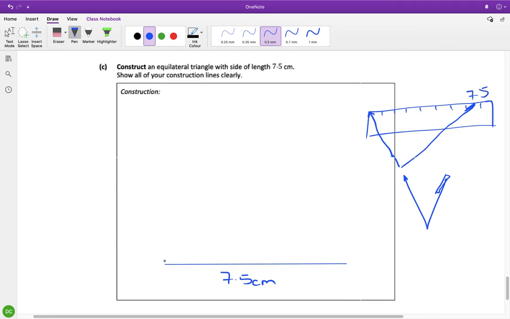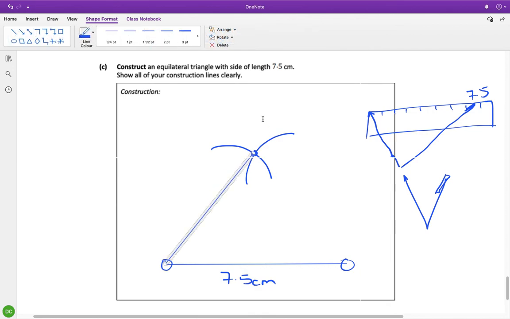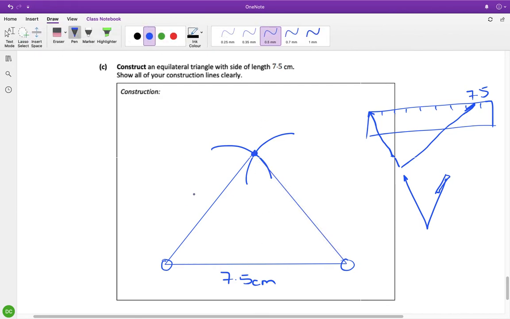You then bring that compass down here, you put the pin here, and you strike an arc. Keep the compass exactly the same, put the pin here, strike an arc, and then all you're doing is drawing a line from this side of the line to the dot, and then drawing another line from here to the dot. If you do it correctly and remeasure it, that should be 7.5 and that should be 7.5.